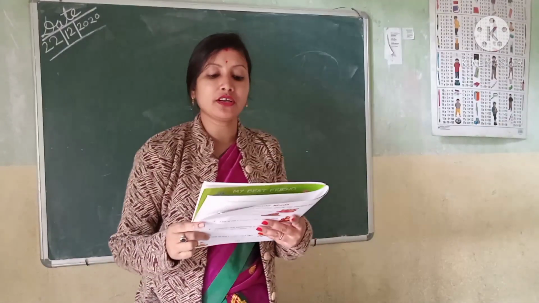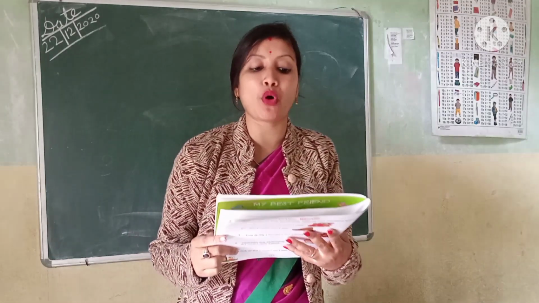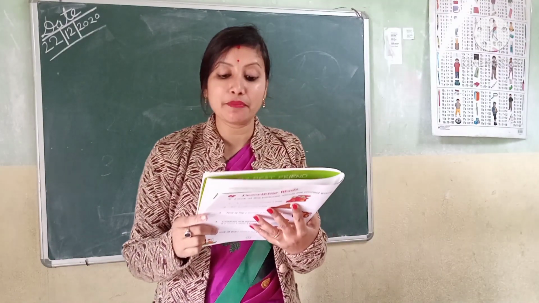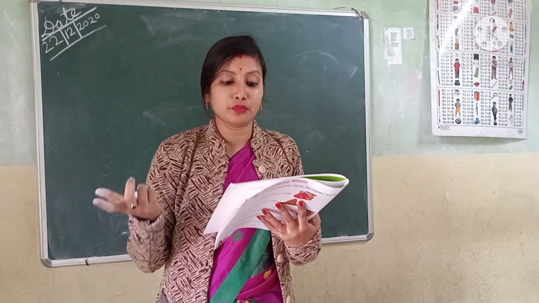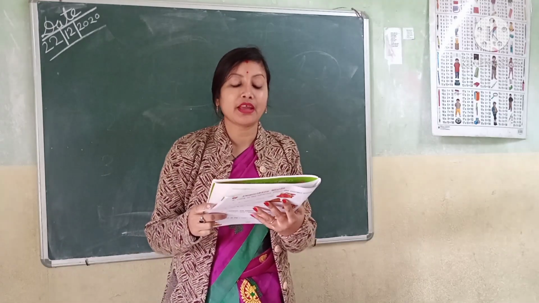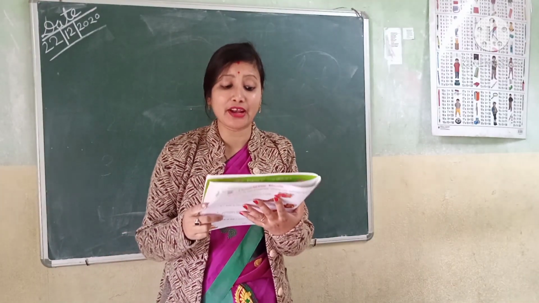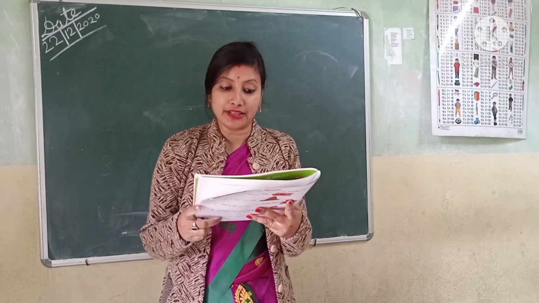Look at the picture. Here is one picture of one girl. Write the describing words from the box. First look at this picture. One girl, a teddy bear, a ball, and here some objects are given. Small, big, red, long. So you have to fill in the blanks.